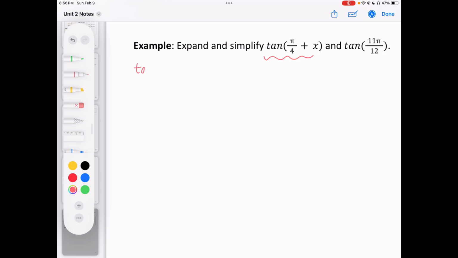I have tangent of pi over 4 plus x. So that's my sum. That means I'm going to go ahead and use tangent of pi over 4 plus tangent of x, all divided by 1 minus tangent pi over 4 times tangent of x.